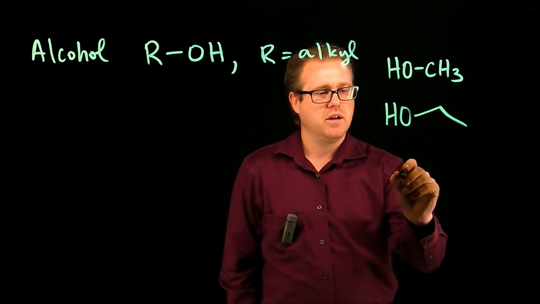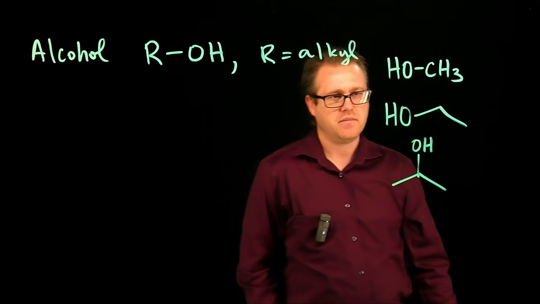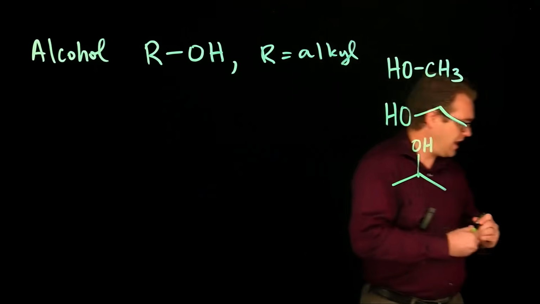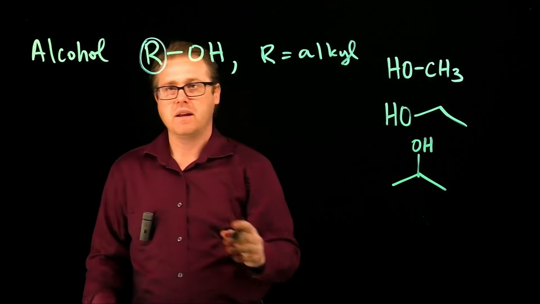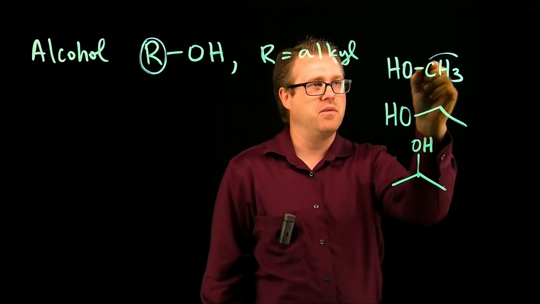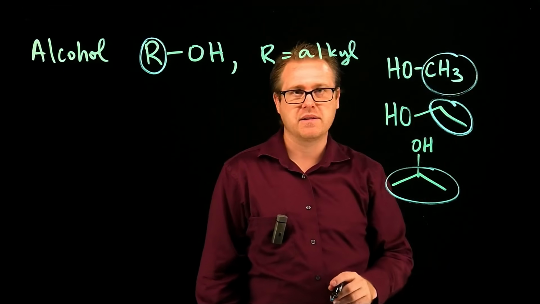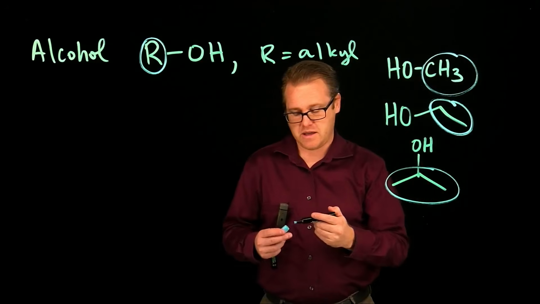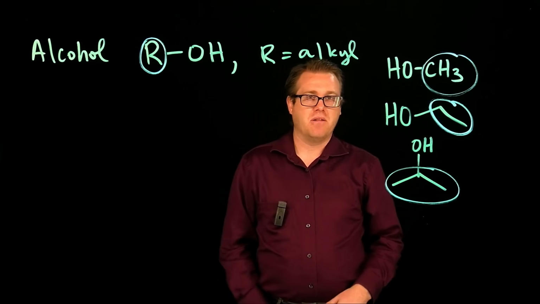We could do 3 carbons and put the alcohol group there. Are you noticing how this R group can have many forms? It could be a methyl, an ethyl, 3 carbons, which is a propyl. So that R group can be anything alkyl.